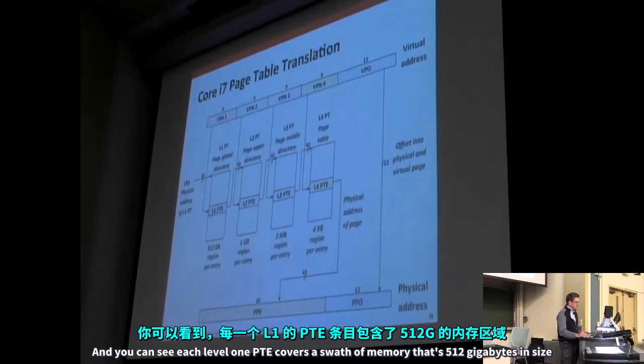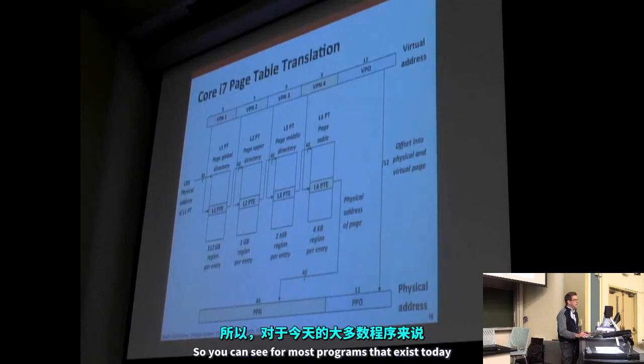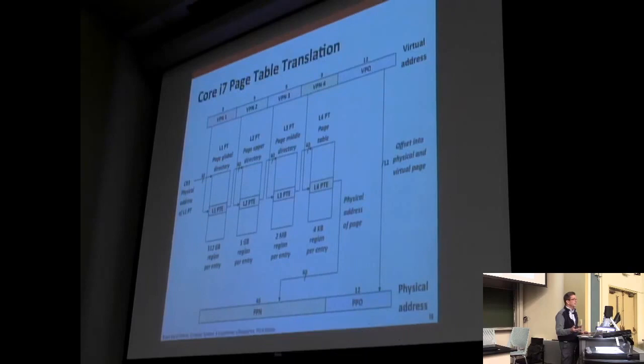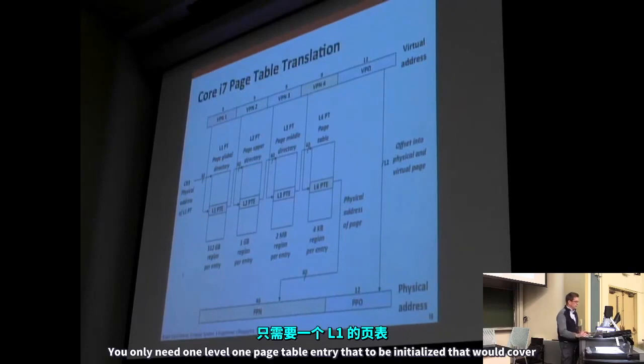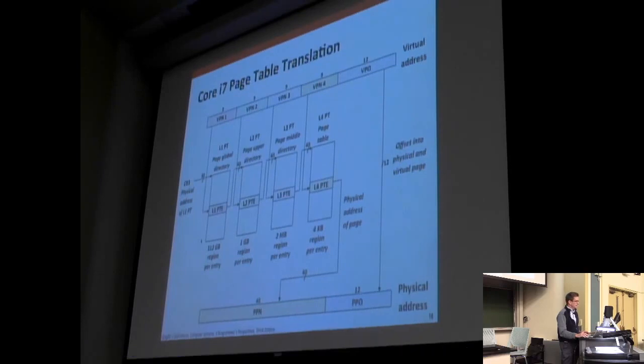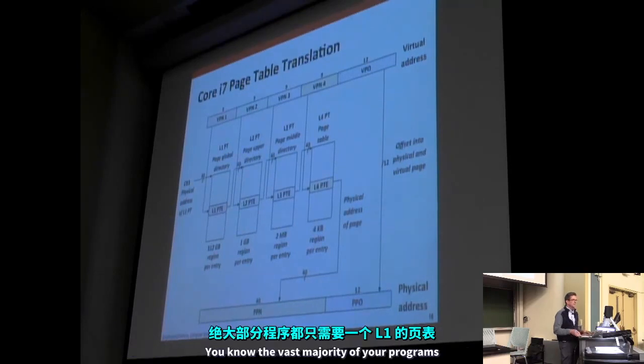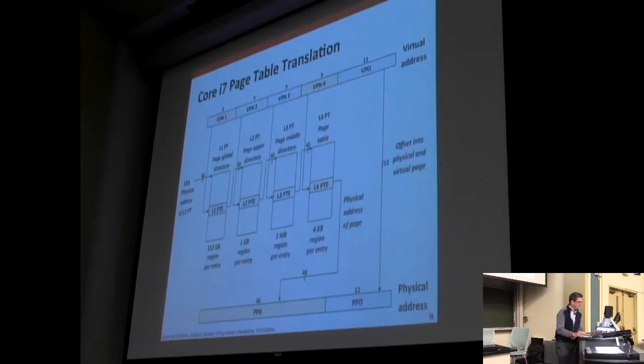And you can see each level 1 PTE covers a swath of memory that's 512 gigabytes in size. So you can see for most programs that exist today, you only need one level 1 page table entry to be initialized. That would cover the vast majority of your programs.